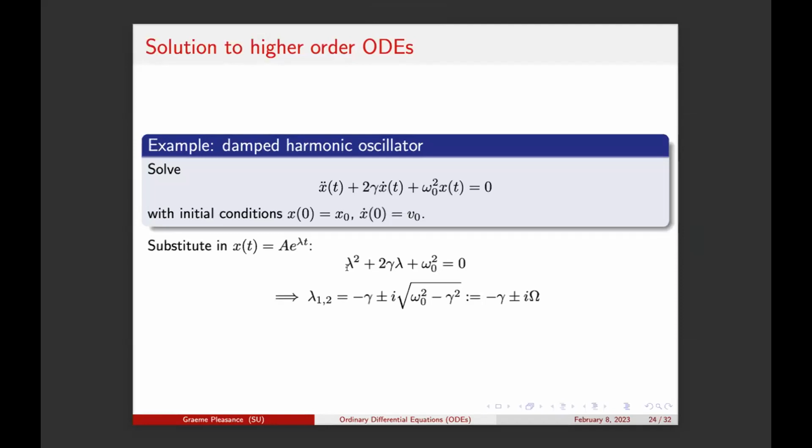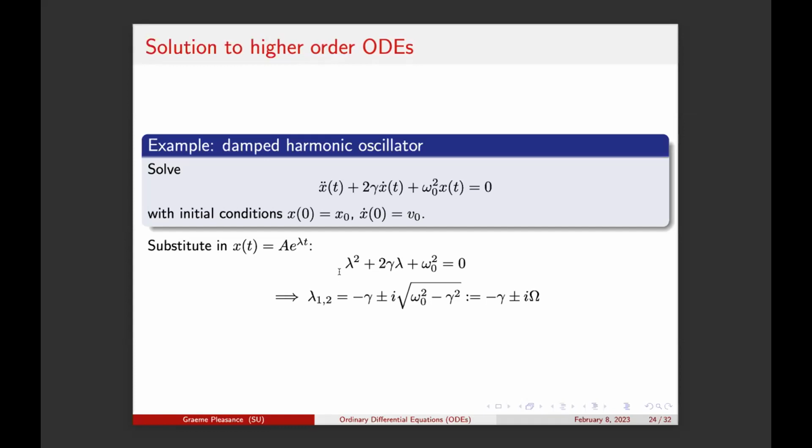Okay, so the starting point is we use this ansatz that we introduced on the previous slide. We start by assuming that the solution can in general be written in this form. And then we use this to obtain the so-called auxiliary equation, which in this case will be a second order polynomial since we're dealing with a second order linear ODE.